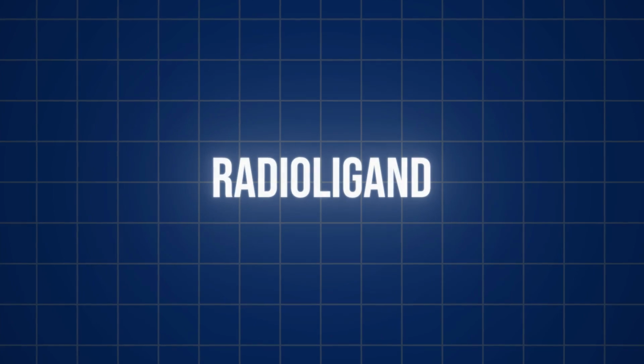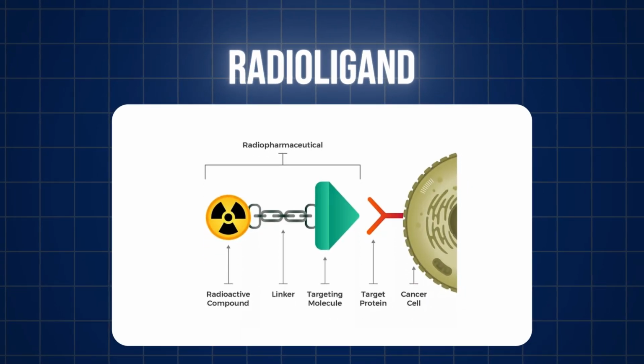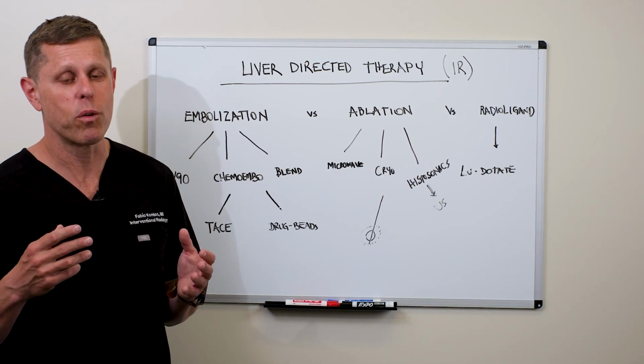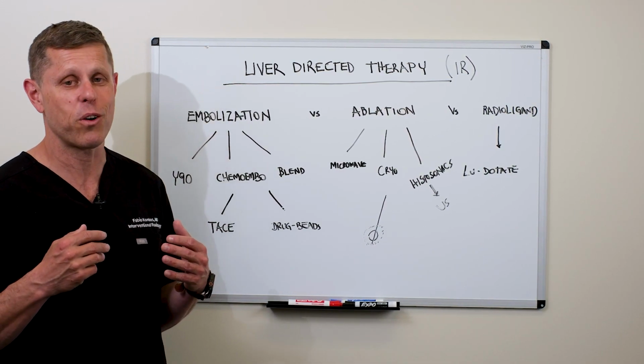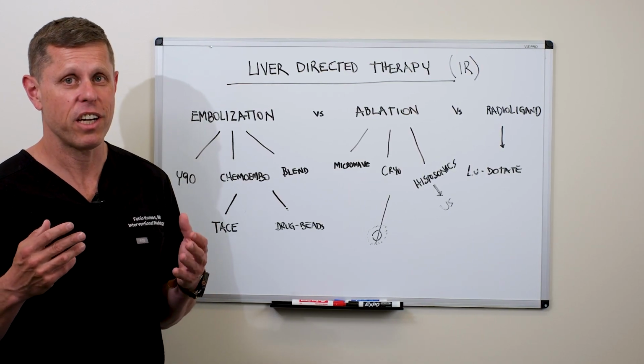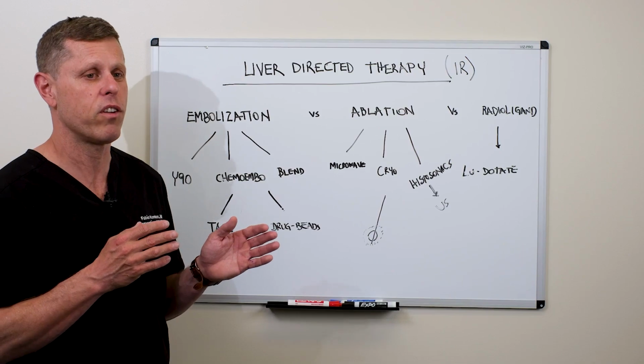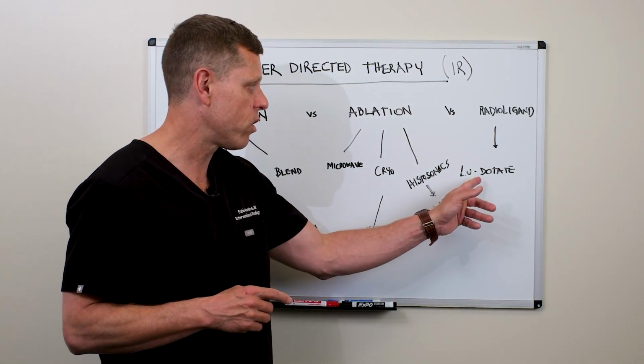And the third type of liver-directed therapy that very few people know about is called a radioligand. What happens is some tumors, specifically nowadays neuroendocrine tumors, have some markers that may catch antibodies or hormones. Specifically in the case of neuroendocrine tumors, this is called DOTATATE.